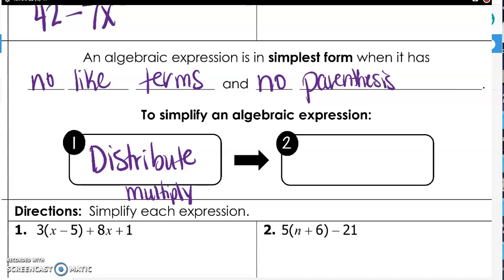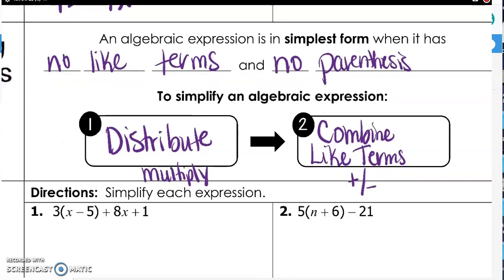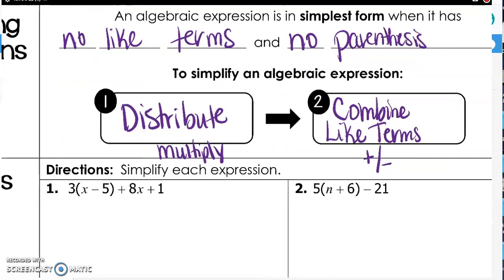The second thing then is to combine your like terms, and that you do by adding or subtracting. So order of operations says you have to multiply before you add or subtract, so that's why we have to distribute first, because distributing is multiplying. So all of these are going to have two steps to them.